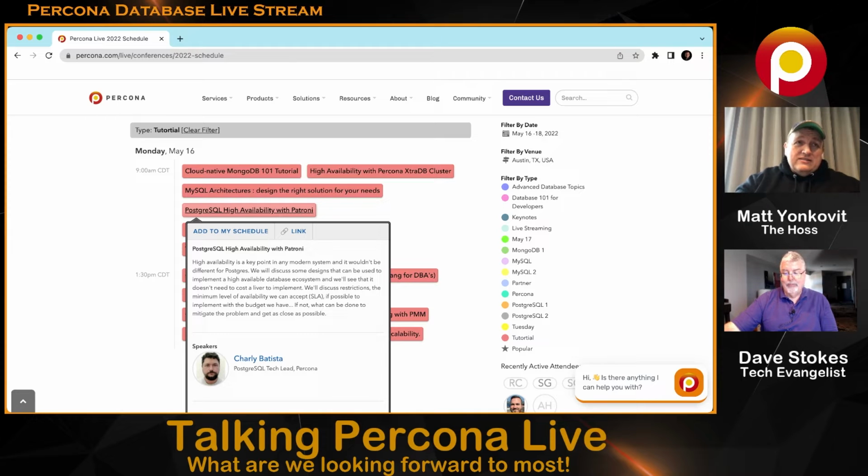MySQL has kind of had a better track record with high availability than Postgres. And in the past several years, whatever gap lead they had there has kind of closed up. And Patroni is a very interesting technology. And he is going to talk about how to implement it with the budget we have, which is always the tricky part.